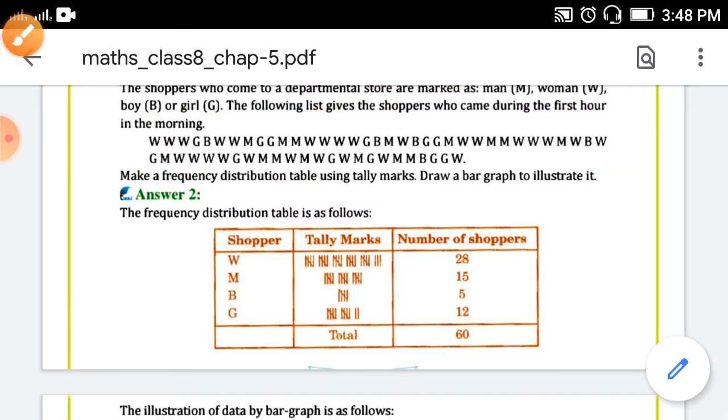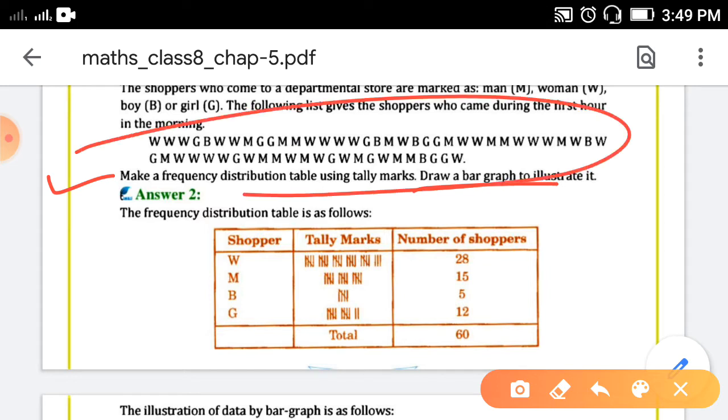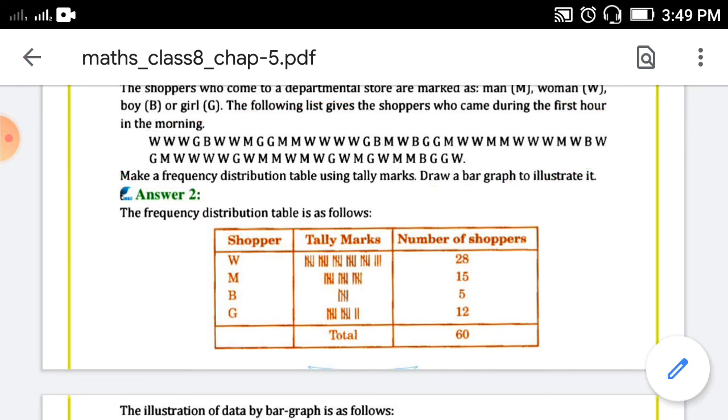You have to make a frequency distribution table using tally marks and draw a bar graph to illustrate it. Here the shoppers are categorized as men, women, boys and girls. You have to find the number of shoppers.